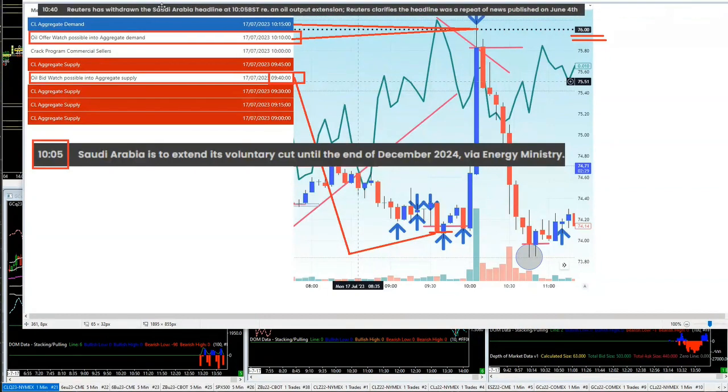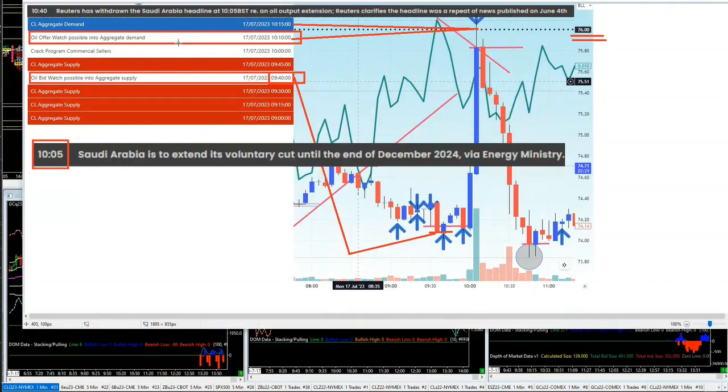Reuters has withdrawn the Saudi Arabian headline from 10:05, and obviously that was at 10:40. And we had our offer at 10:10 itself, 30 minutes before Reuters withdrew the storyline.